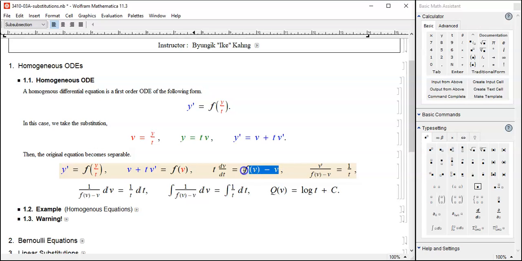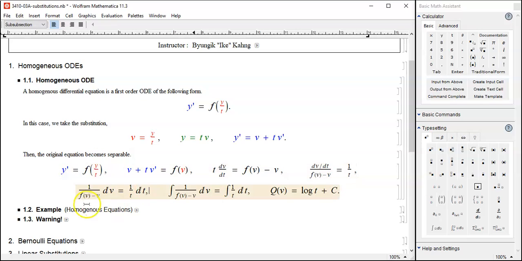And then everything here is an expression of v, so divide everything away. All goes down to the denominator, so we have a separation. Again, this is v prime, but it looks better with dv over dt. And then this dt flips over to the other side.